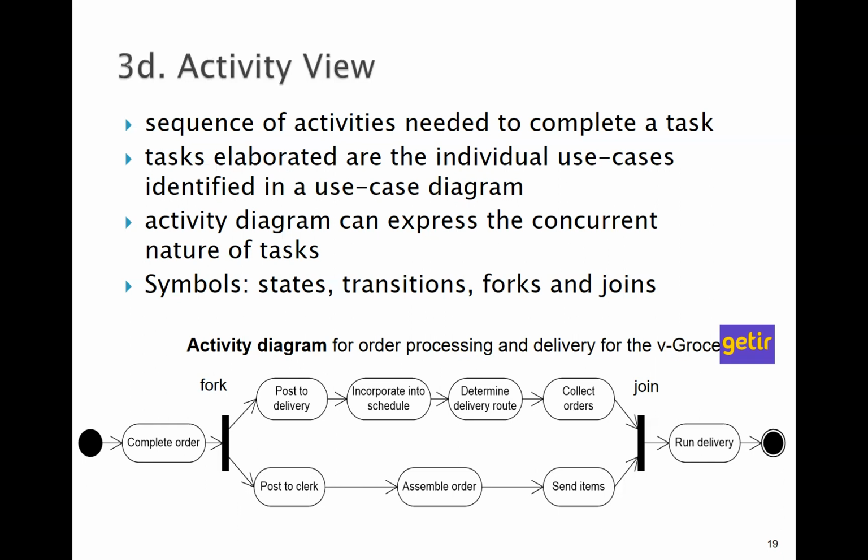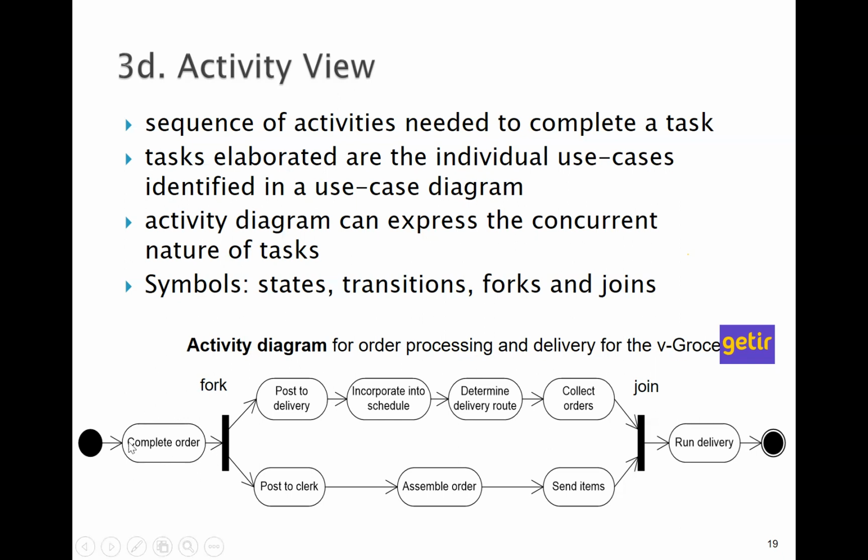We have symbols, basically, ignoring the start and end, so terminators, states, transitions, forks, and joins. Here, you can see activity diagram for ordering, processing, and delivery for the grocery getter.